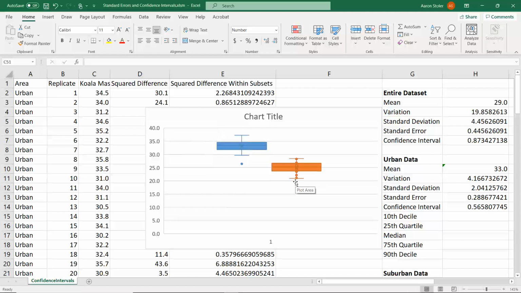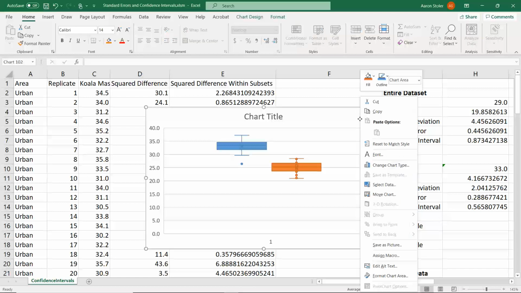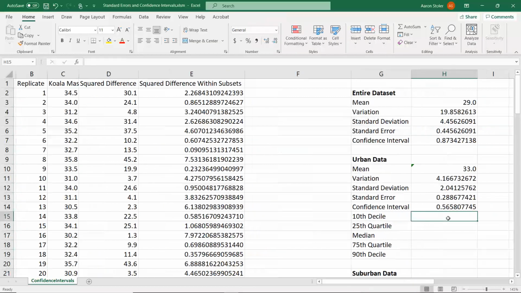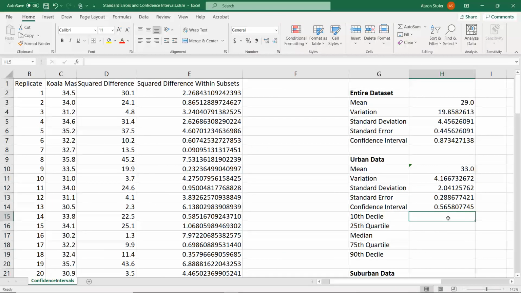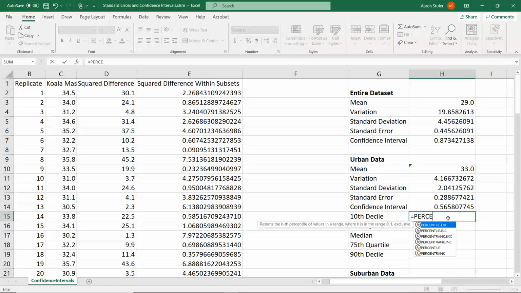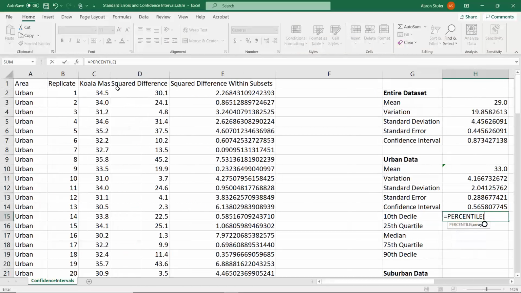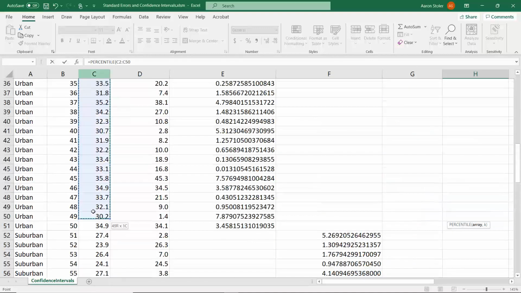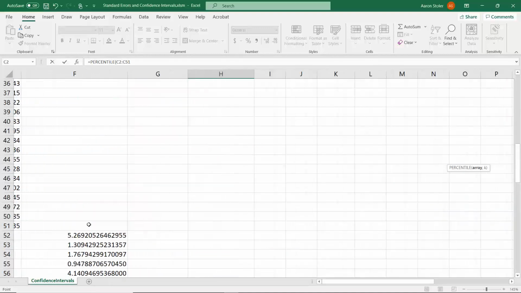Now, just to give you a sense for how Excel is calculating all of that stuff, it's pretty easy. We can calculate that through easy functions of percentile. The 10th decile is equal to percentile of our urban data, which is C2 to C51.